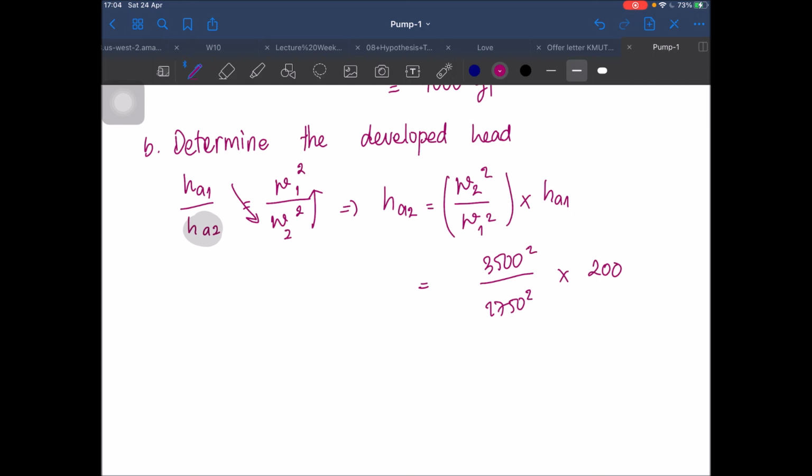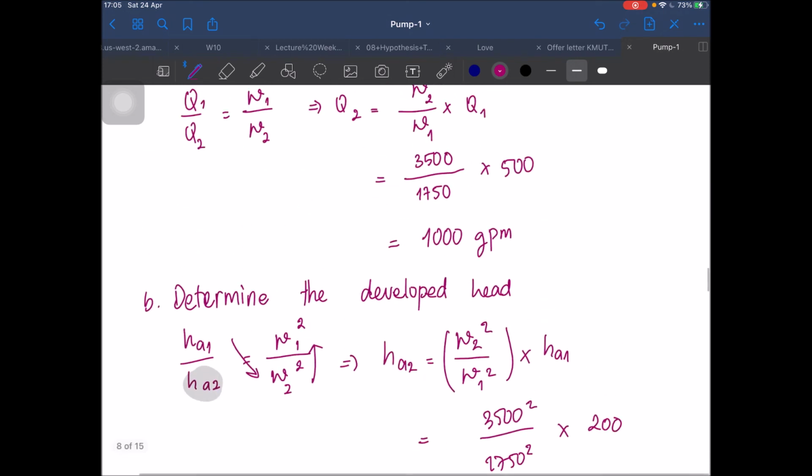So now we have 3,500 squared divided by 1,750 squared multiplied by 200, which equals 800 feet. So this is the final answer. For B we have 800 feet, and for A we have 1,000 gallons per minute.